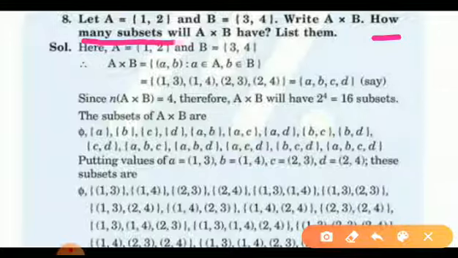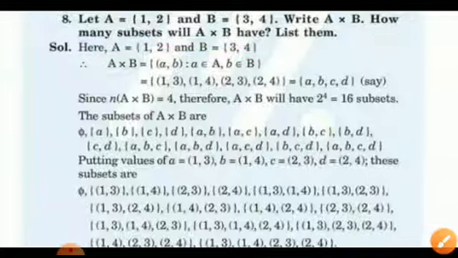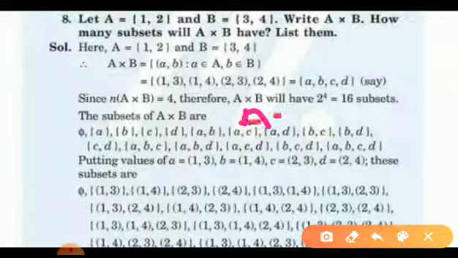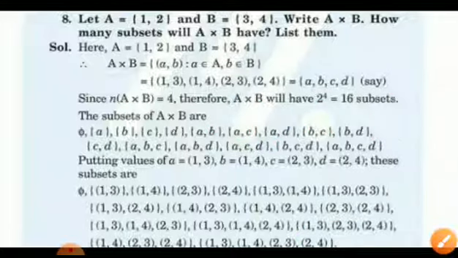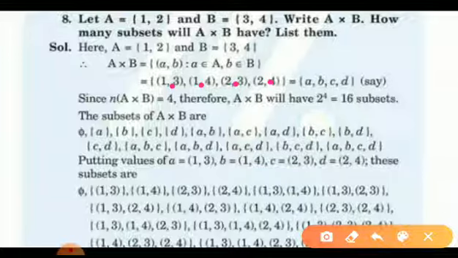Now, how many subsets will A cross B have? We have seen in set theory, if the number of elements in A is equal to m, then the number of subsets is 2 raised to m. Now here A cross B contains how many elements? 1, 2, 3, 4.